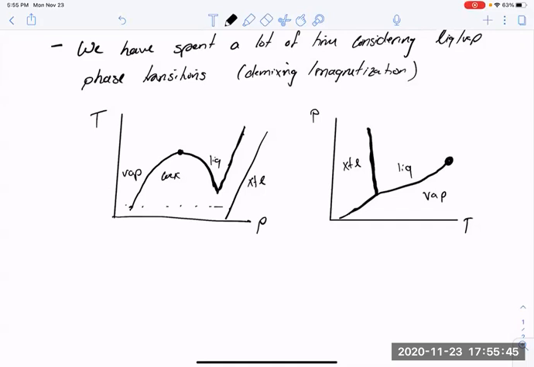What would be a way to describe such a transition? So we have indicated that the density is a good order parameter for a liquid vapor transition.